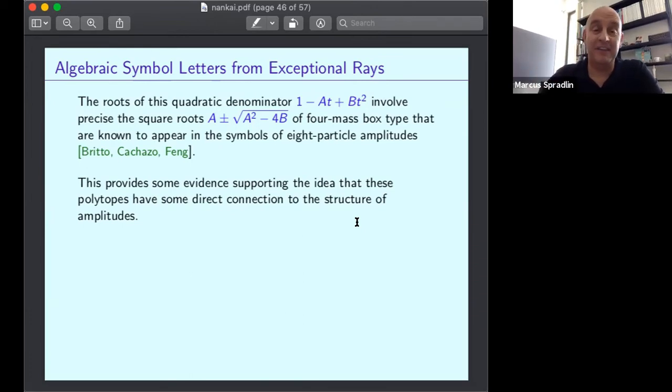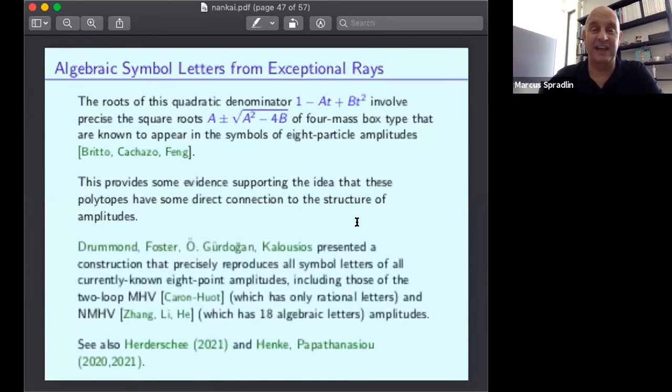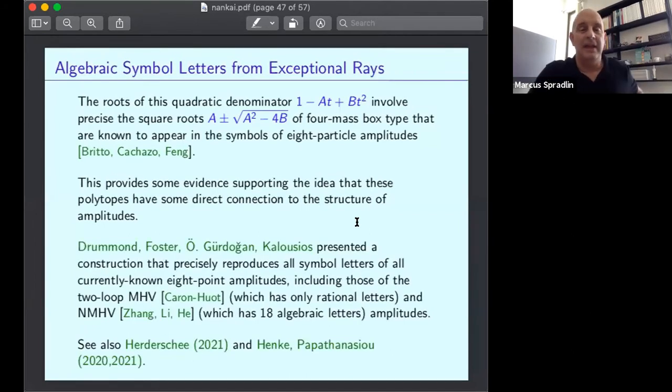So this provides some evidence supporting the idea that these polytopes, at least combinatorially, might have some direct connection to amplitudes. Now, in subsequent work by Drummond et al., they have a more refined algorithm which really reproduces all of the 18, I don't have time to go into too many details here, but they reproduce all of the 18 algebraic symbol letters that appear in 8-particle amplitudes.